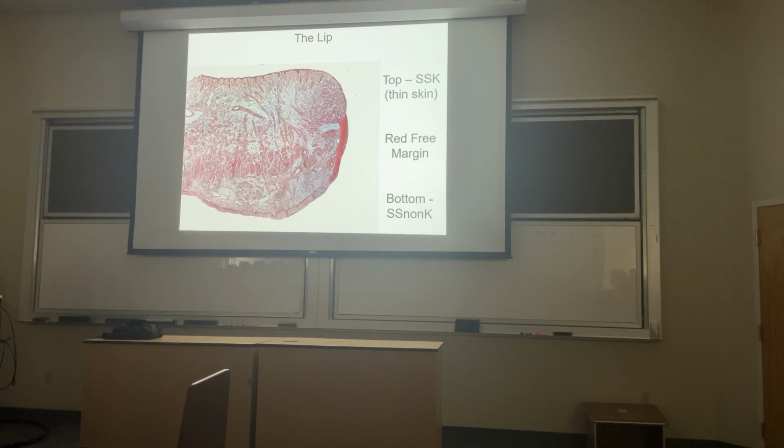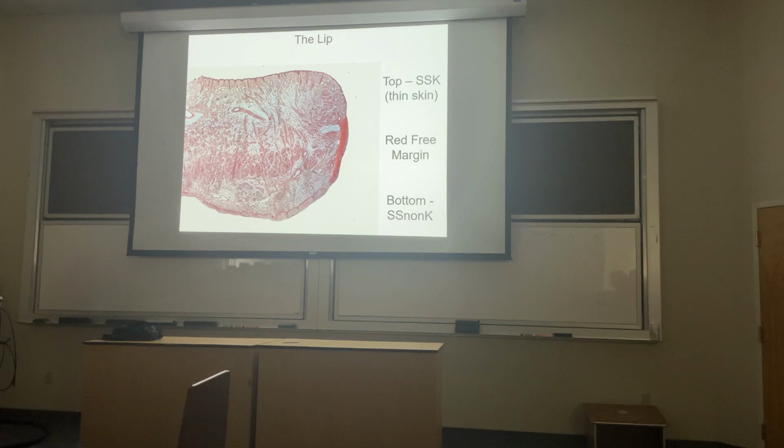Here's the muscle, skeletal muscle. We see a number of hair follicles coming there to the surface, and dense irregular connective tissue kind of around the skeletal muscle that we're seeing there, some mucus glands. So we'll be looking at that under the microscope as well, but this is an example of the lip.